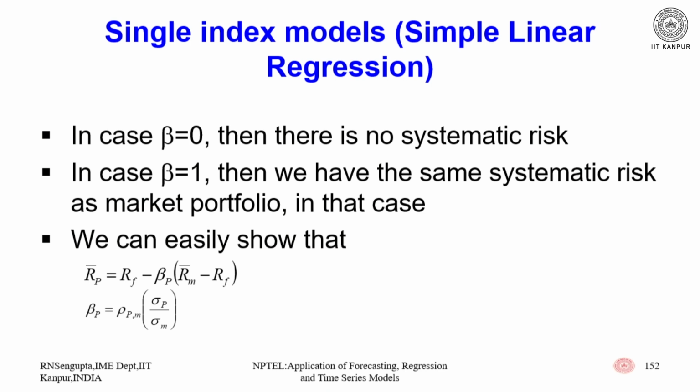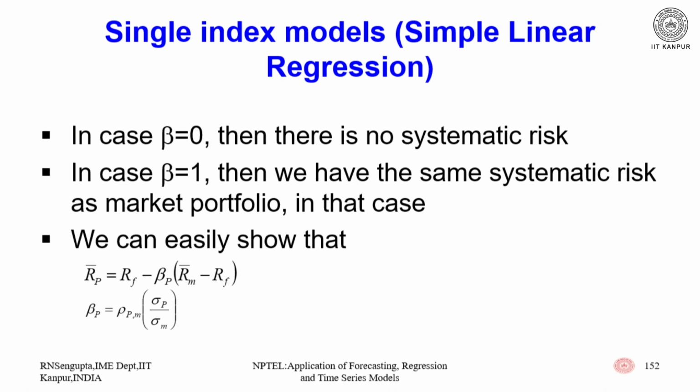Just for information, in case beta naught is 0, there is no systematic risk. On the right hand side there were two terms. Number one is the risk coming from the market, and number two is the risk coming from white noise. If beta naught is 0, then the risk factor coming from the market would be 0.